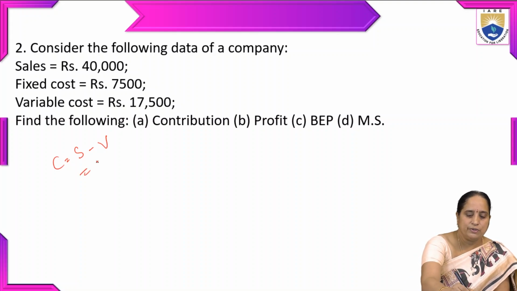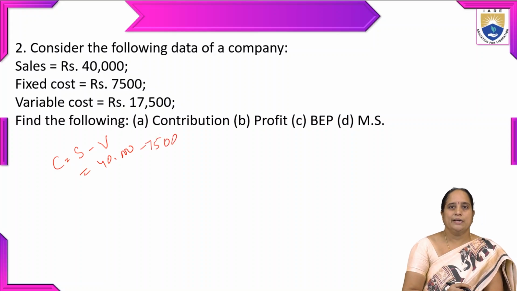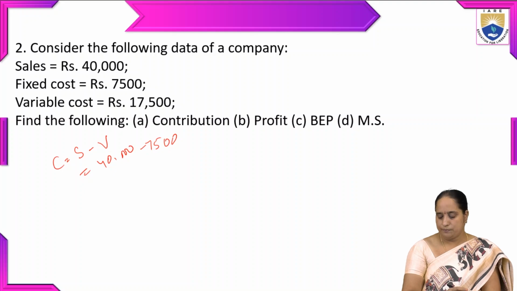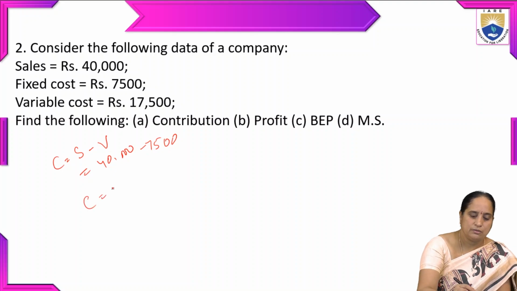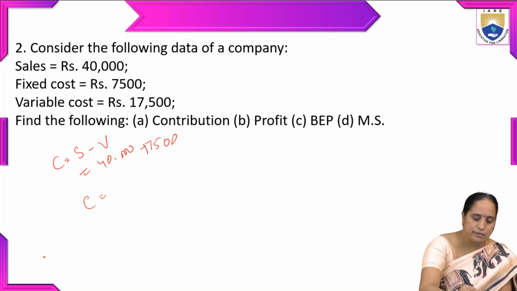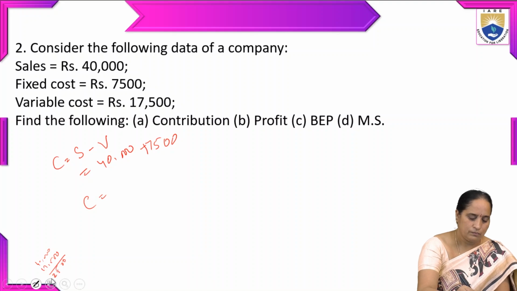Sales we are given 40,000 minus 17,500. So contribution is 22,500.